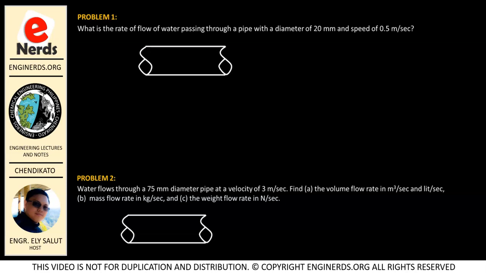So, this is our pipe and our pipe has a diameter of 20 millimeter. Okay, and then water is passing through this pipe with a speed of 0.5 meter per second. So yan ang speed ng water natin na pumapasok dito sa ating pipe.